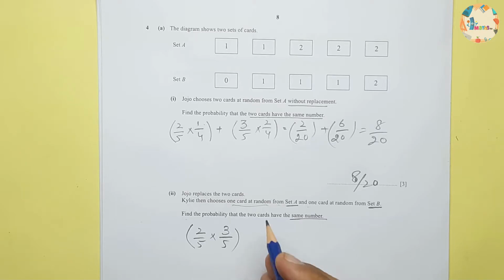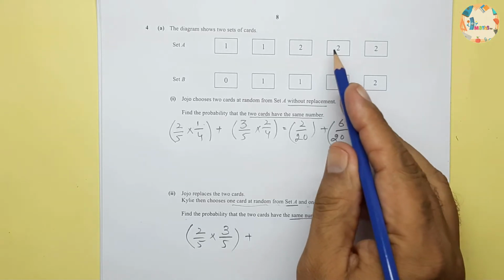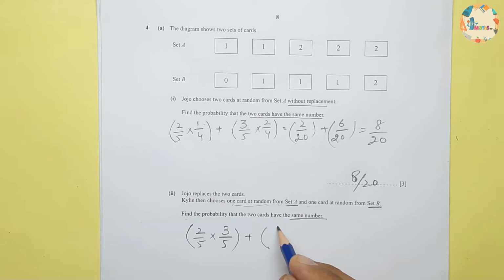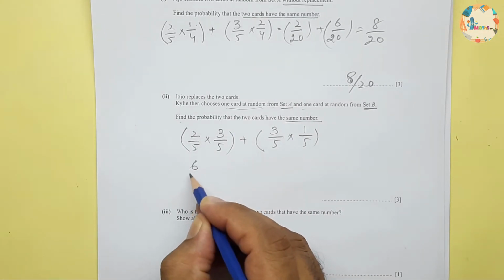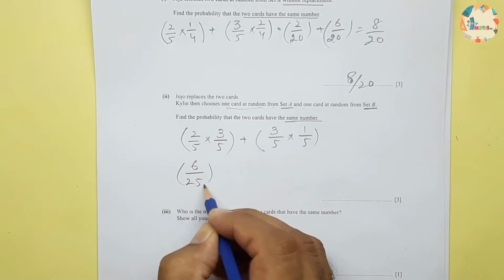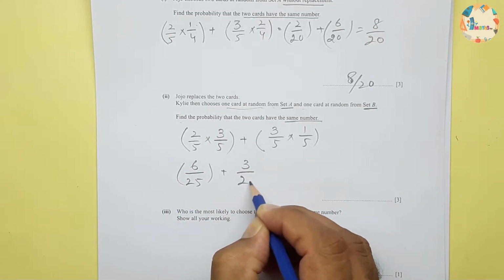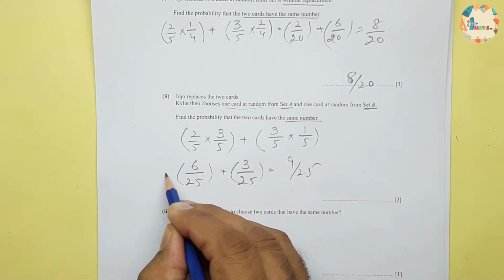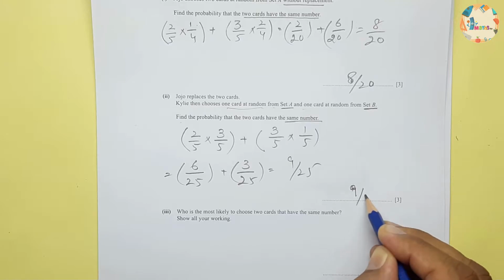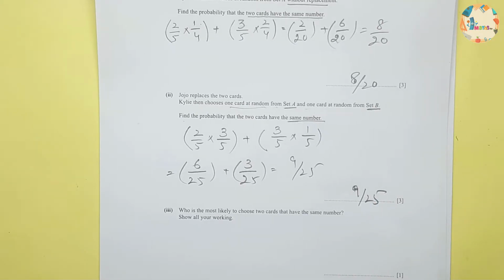The second option is 2 from here and 2 from here, so this will be 3 by 5, and for this one it will be 1 by 5. If we simplify this, it will be 6 by 25 plus 3 by 25, and if we add, this will be 9 over 25. So 9 over 25 will be our answer.